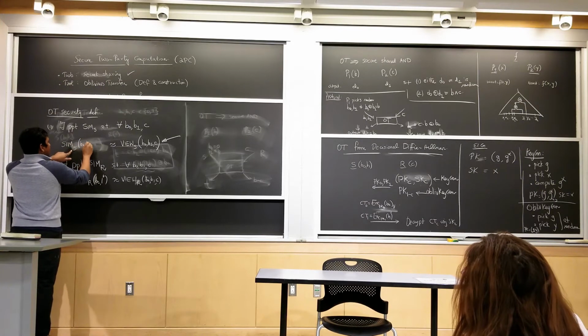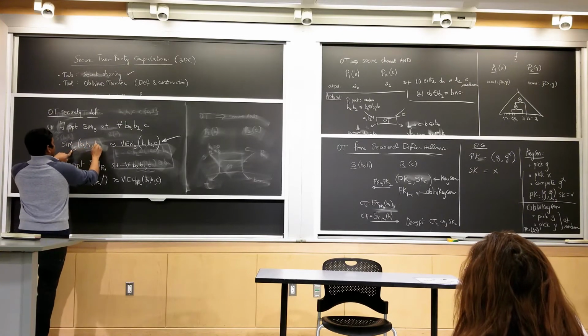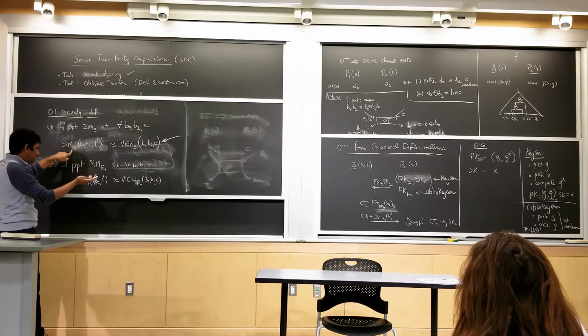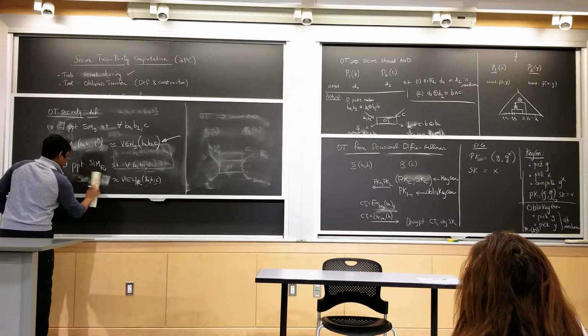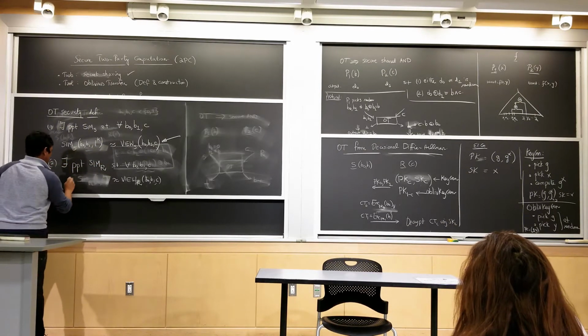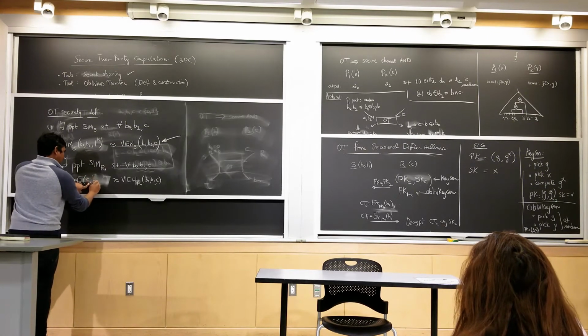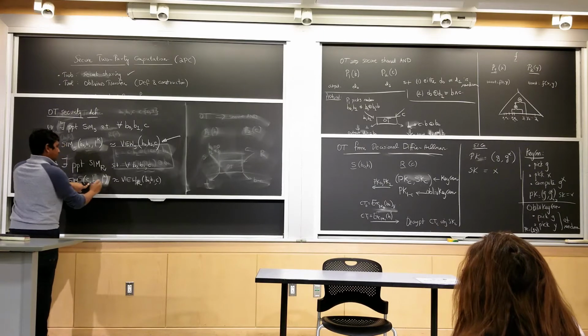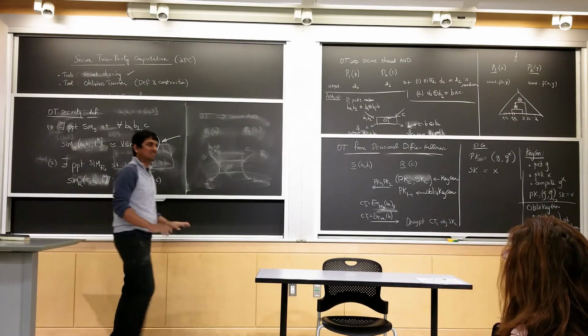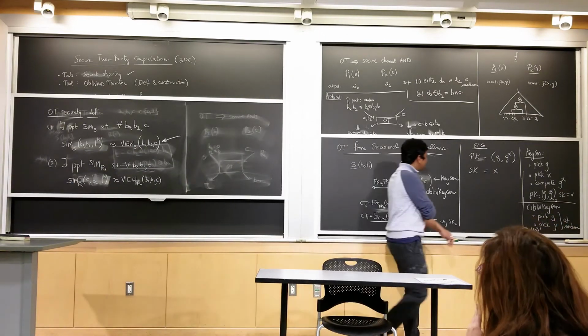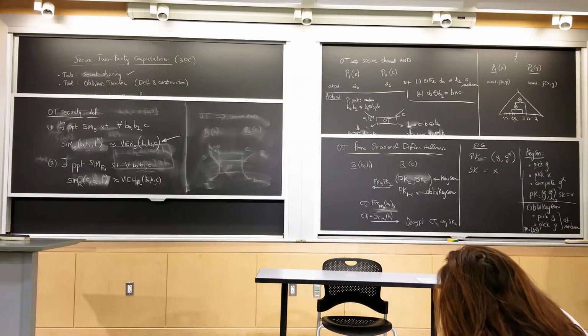The simulator should get the inputs of the sender and the output, which is nothing. And here, the simulator indeed should get the input of the sender and the output.